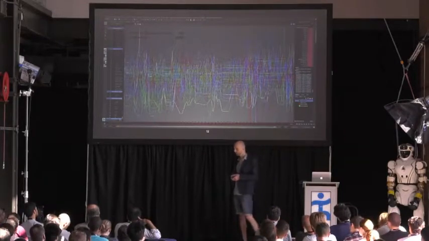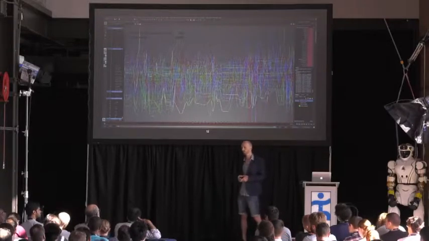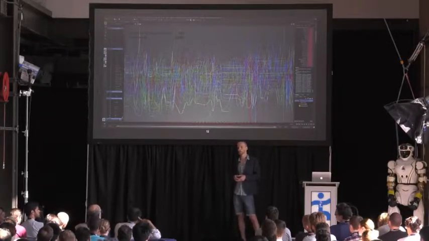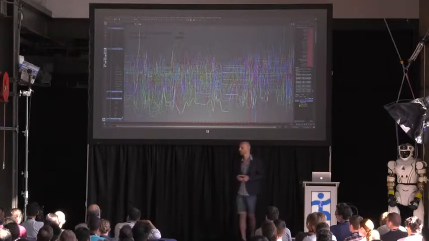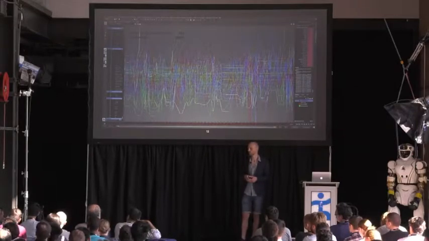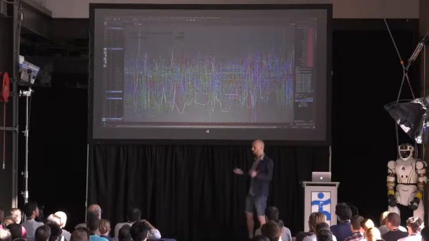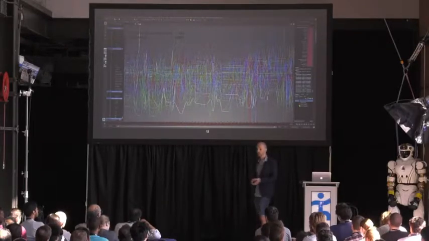Can I ask a question? Sure. At a keyframe, can you specify whether the tangent is specified or totally free? Do you have that choice? It does. It's in the Bezier, those lines. Okay, so the question is whether we control the tangents. And yes, we do.